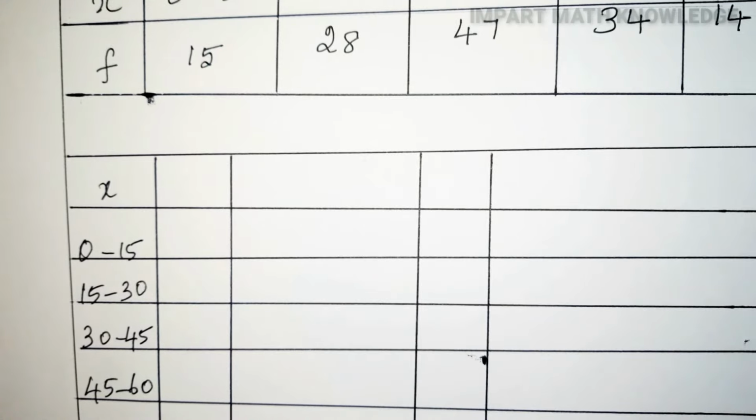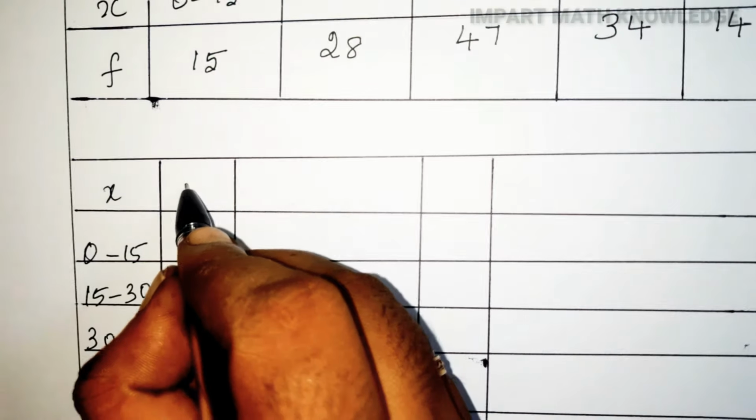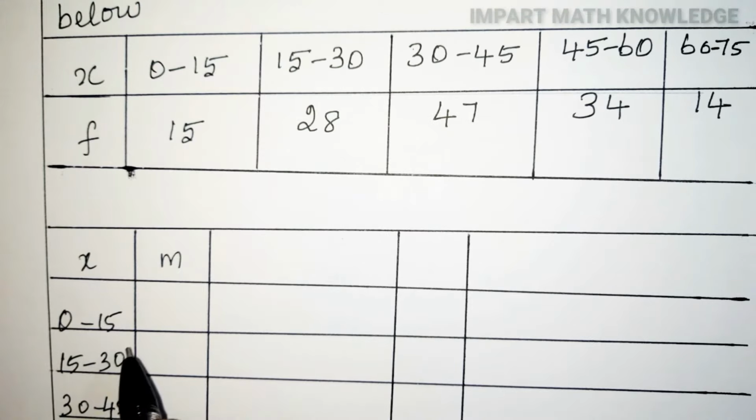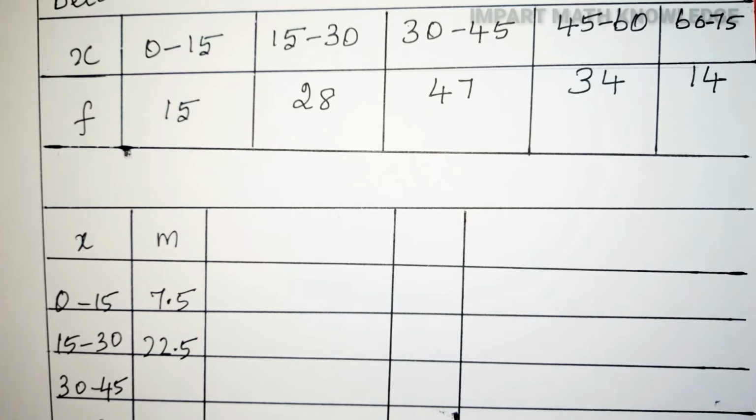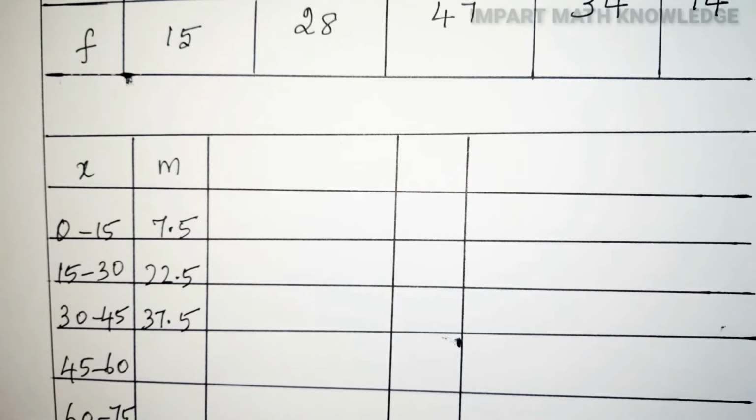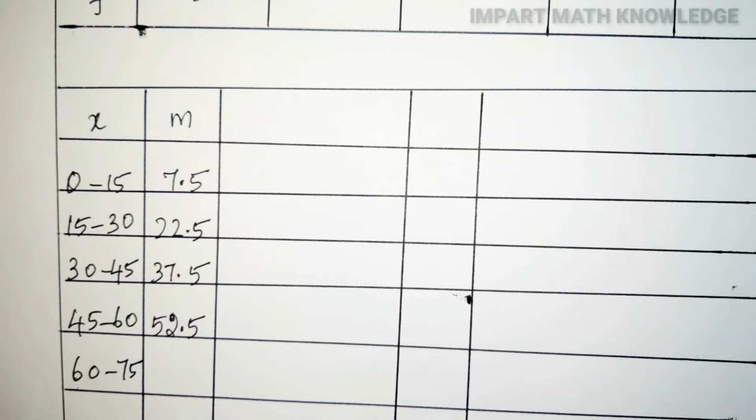The middle value of x is m. 0 to 15, the middle value is 7.5. 15 to 30, 22.5. 30 to 45, 37.5. 45 to 60, 52.5. 60 to 75, 67.5.